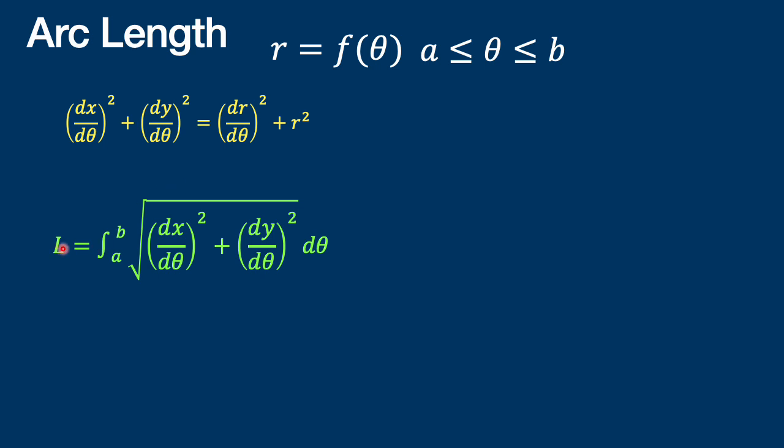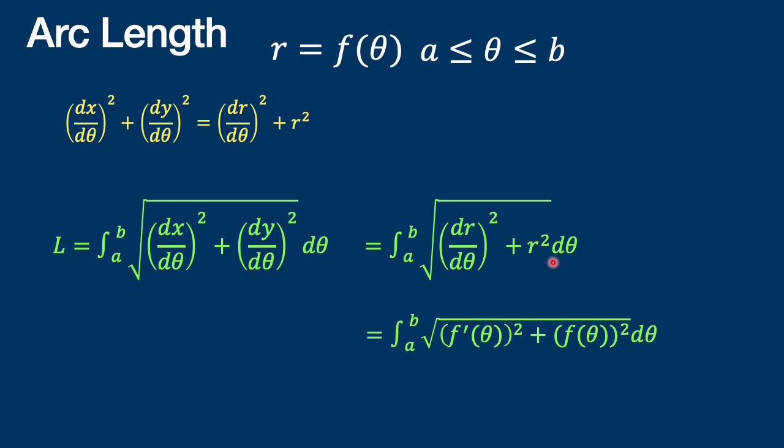Now we find the arc length for a polar curve: the integral from a to b of the square root of (dx/dθ)² + (dy/dθ)² dθ, where inside is replaced by (dr/dθ)² + r². That gives the integral from a to b of the square root of (dr/dθ)² + r² dθ, and that's the arc length for a polar curve. Another way to write it: dr/dθ is f′(θ) squared, and r is f(θ) squared.